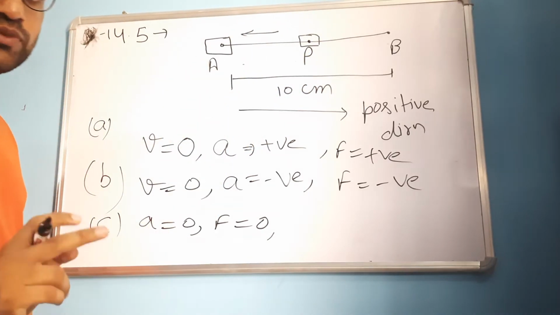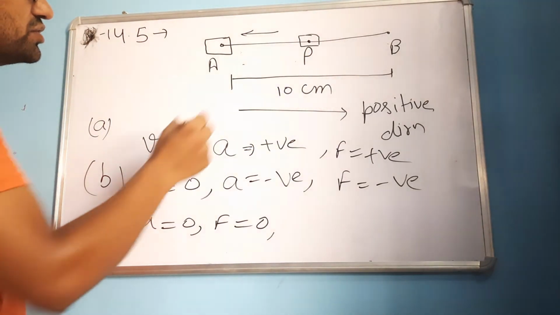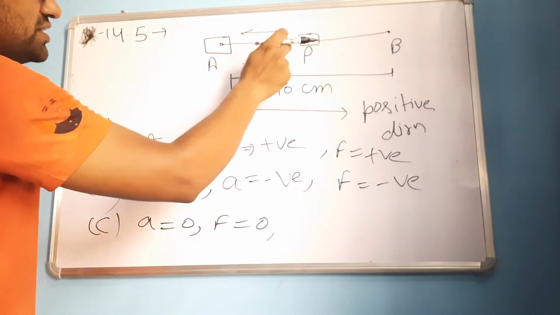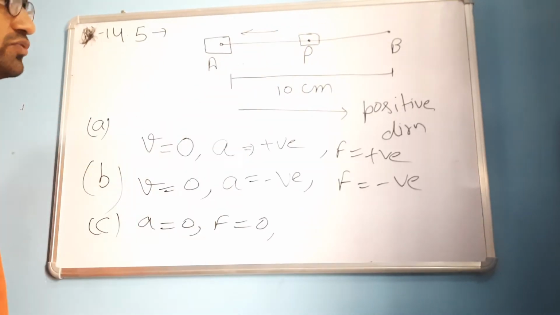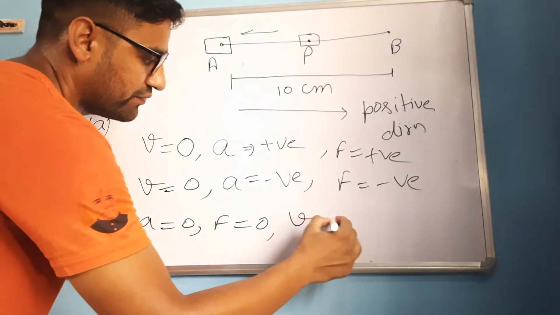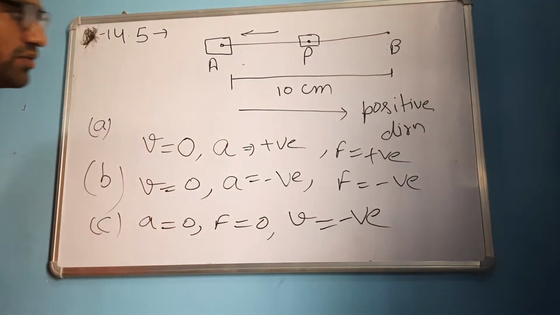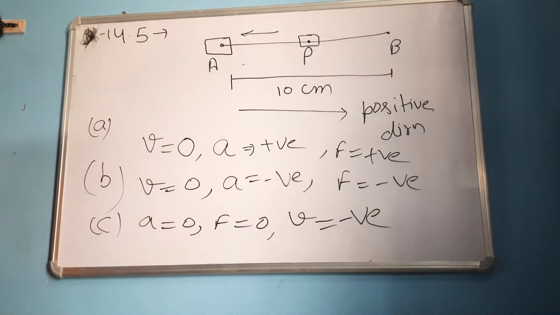The velocity in this direction at the mean position will be negative, because AB is the positive direction.